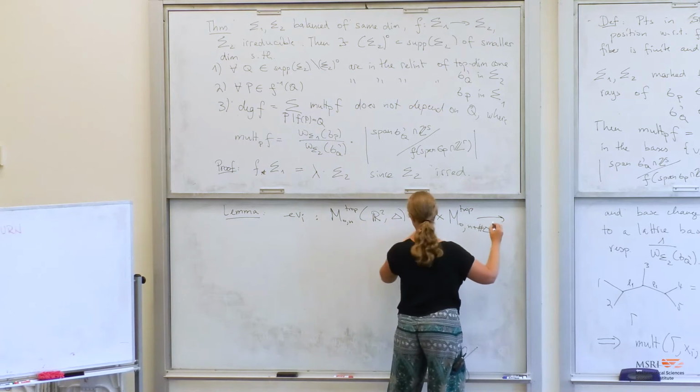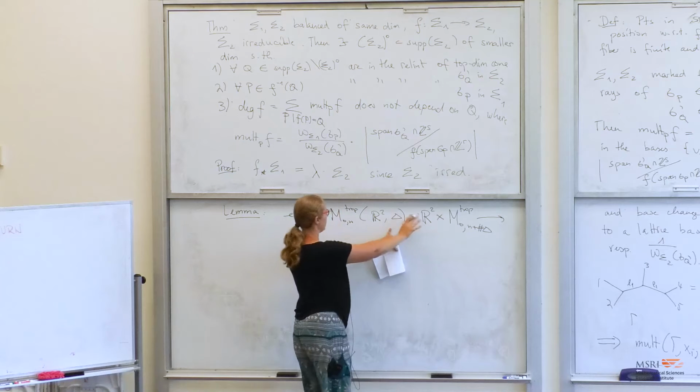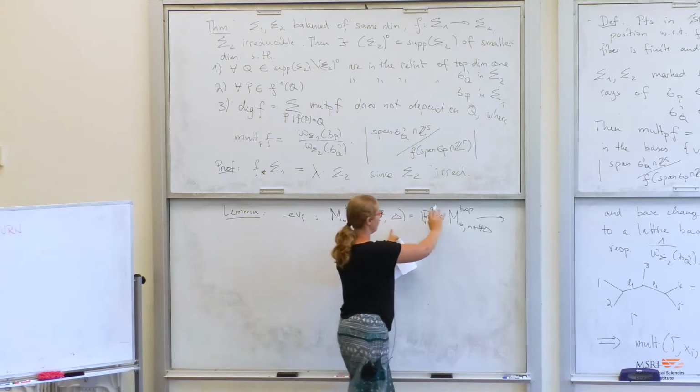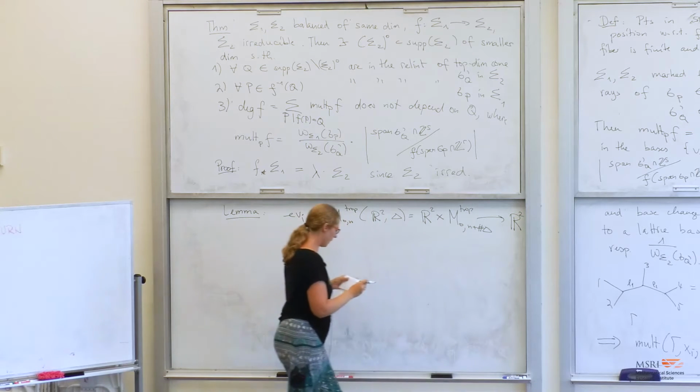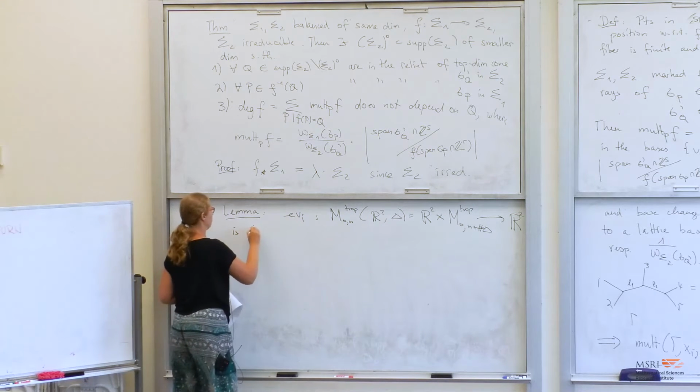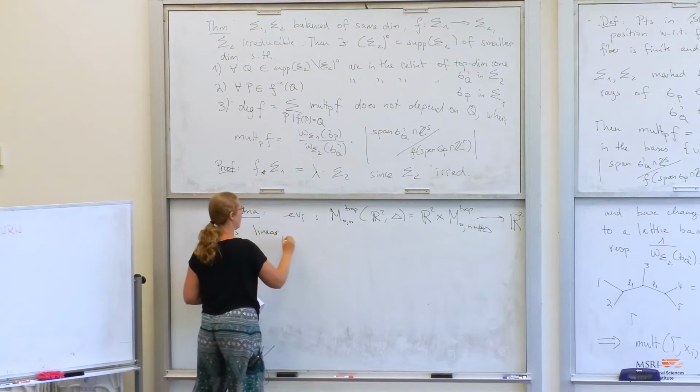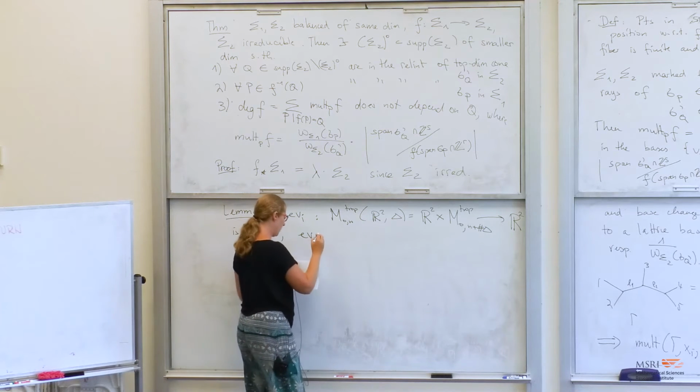Slight abuse of notation. It's just the target space for my map, and the map goes to R2. And this is linear. It's globally linear.